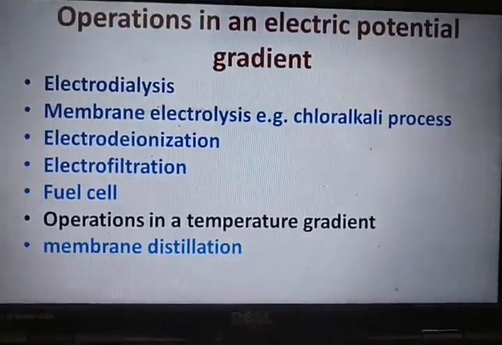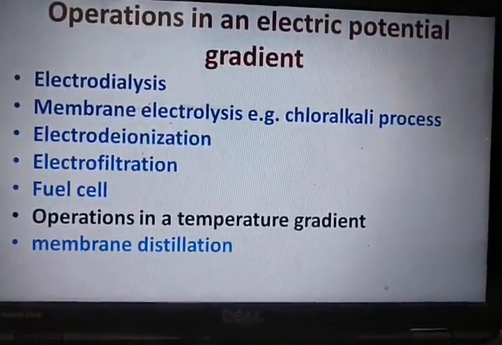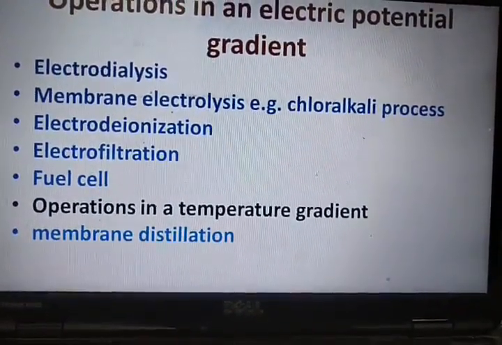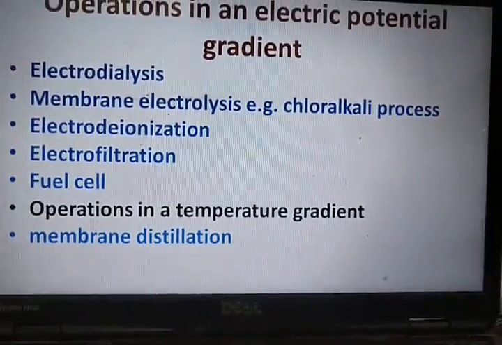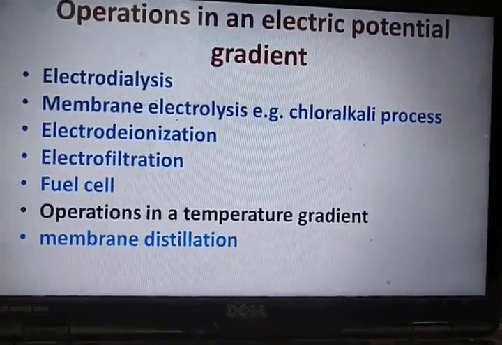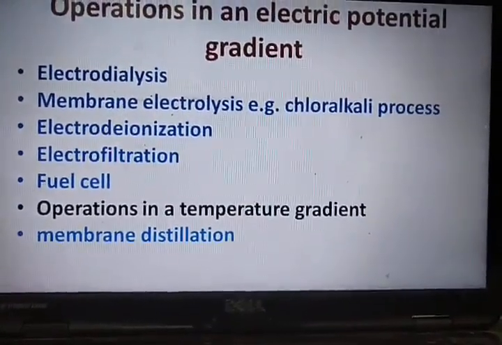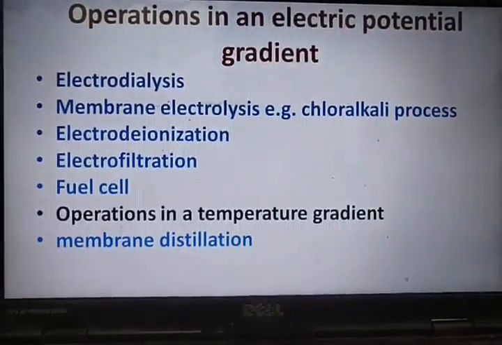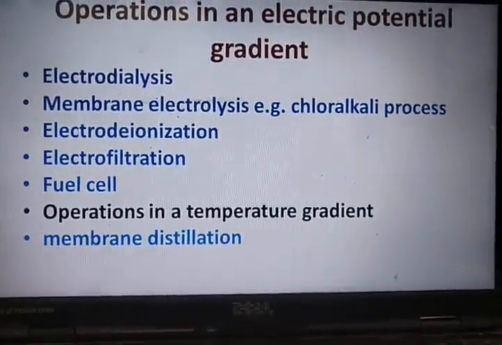Like I told you, dialysis and electrodialysis are processes generally used in medical applications. Membrane electrolysis is also used, electrodeionization, electrofiltration, fuel cell operations, and the operations using temperature gradient include membrane distillation processes. We will not study in detail all these processes, but just as a classification I am putting the slides for you to have some idea.